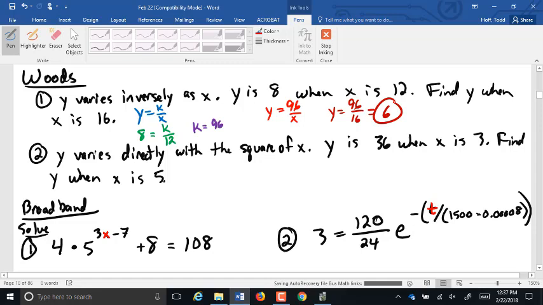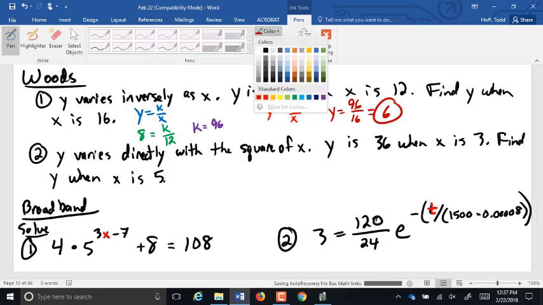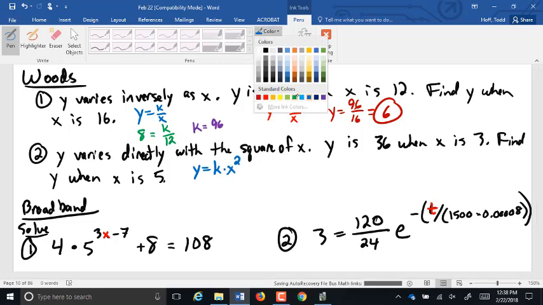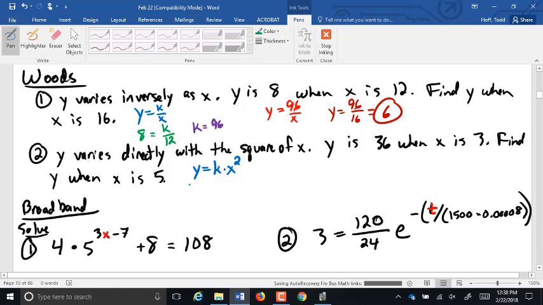How many had 6 for the first one? Number 2. Y varies directly with the square of x, means y equals k times x squared. So y is 36 when x is 3.